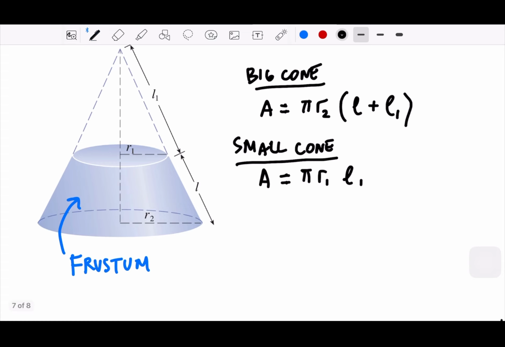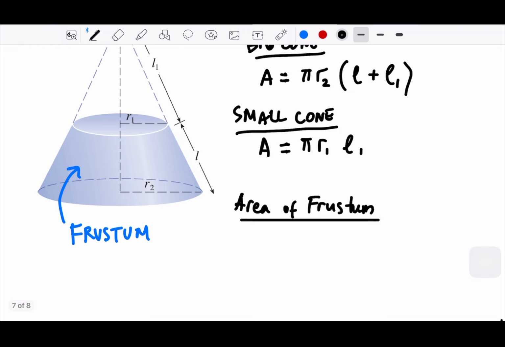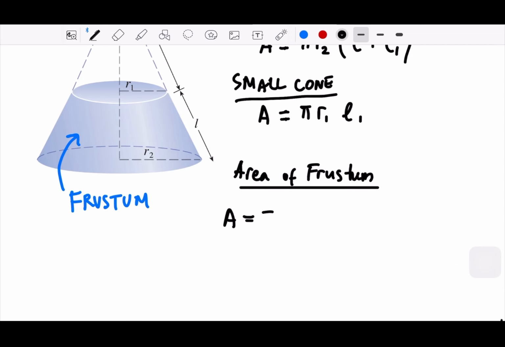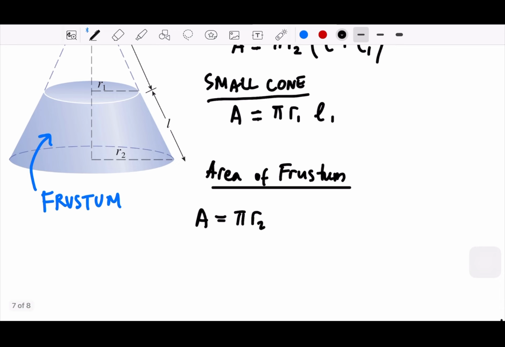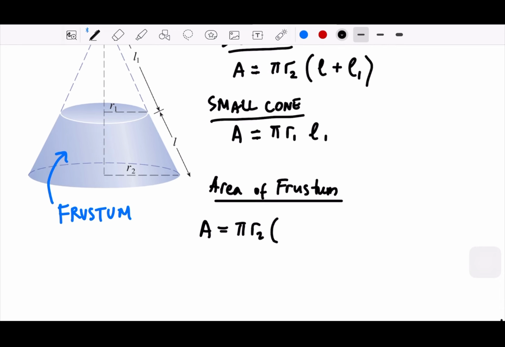So the area of the frustum is basically the big cone minus the small cone, which is, let me just write it one by one here so that you know how to operate this.